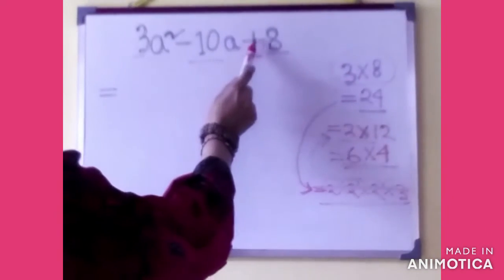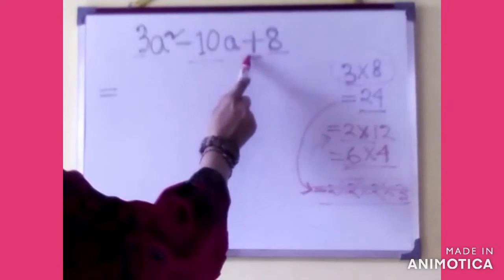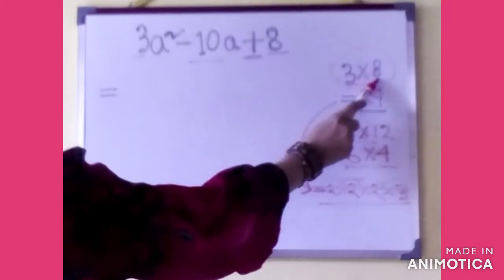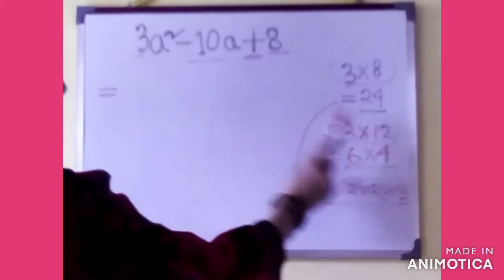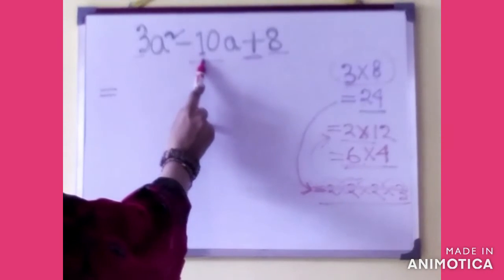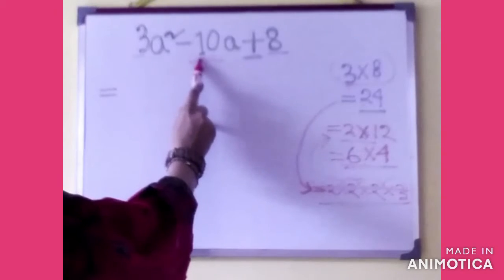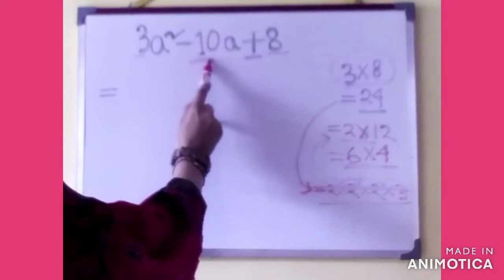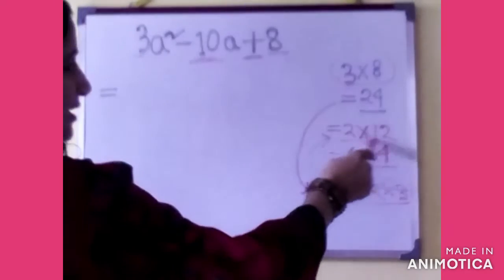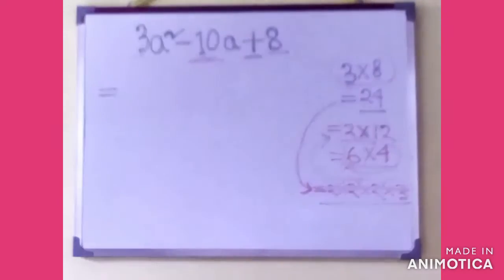3 and 8, I have to do addition, because their sign is plus. So 3 plus 8 is 11, not matching with this. 2 plus 12 will give 14, and 14 is not matching with this. But 6 plus 4 gives us 10. So these factors will work here.